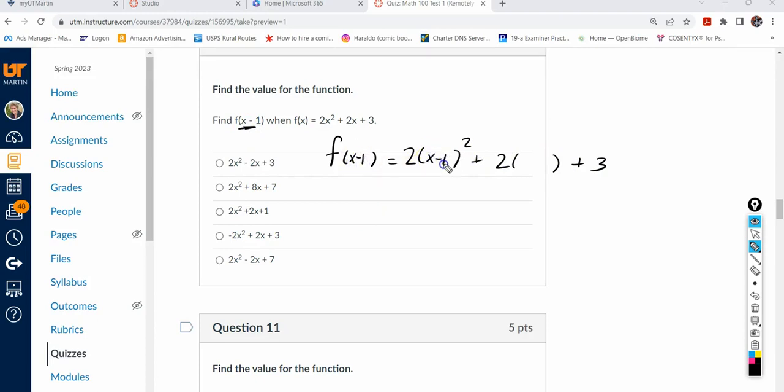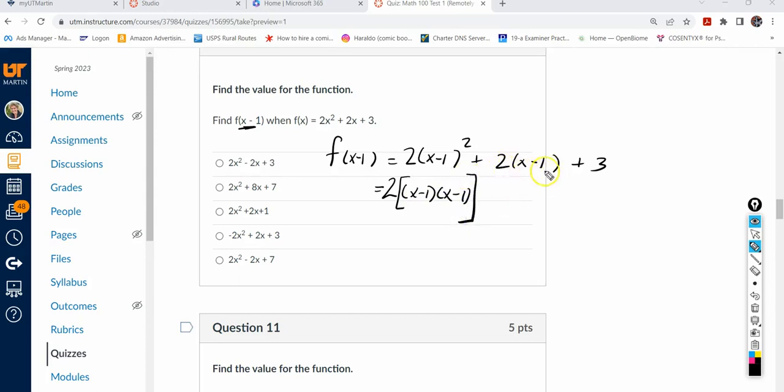So I'm going to put x minus 1 inside there. Now, this is in theory a correct answer, but as you can see, none of the selections look like that. So I'm going to have to expand this. Now, the 2 here is going to stay on the outside. Now, x minus 1 all squared is not x squared minus 1 squared. It's going to be x minus 1 times x minus 1.